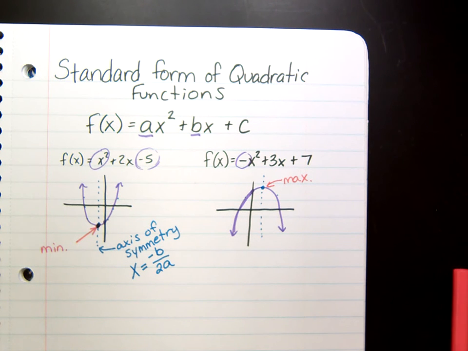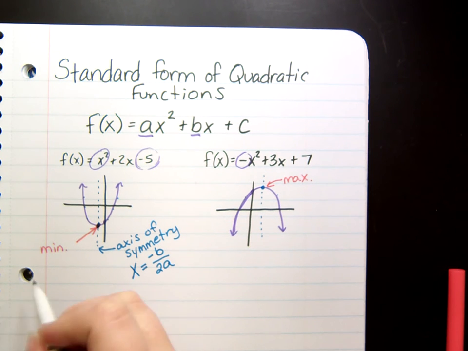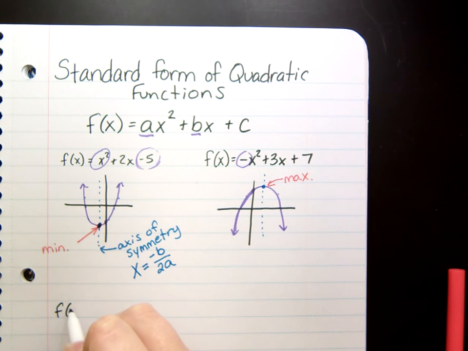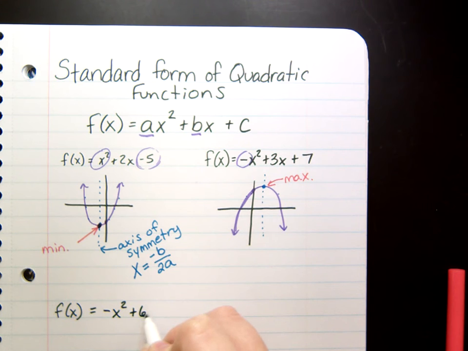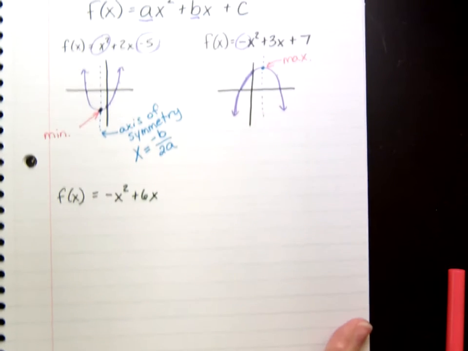So let's take a look at just a couple of problems, a couple of examples, and tell some things just by looking at the function. So let's take f of x equals -x squared plus 6x.